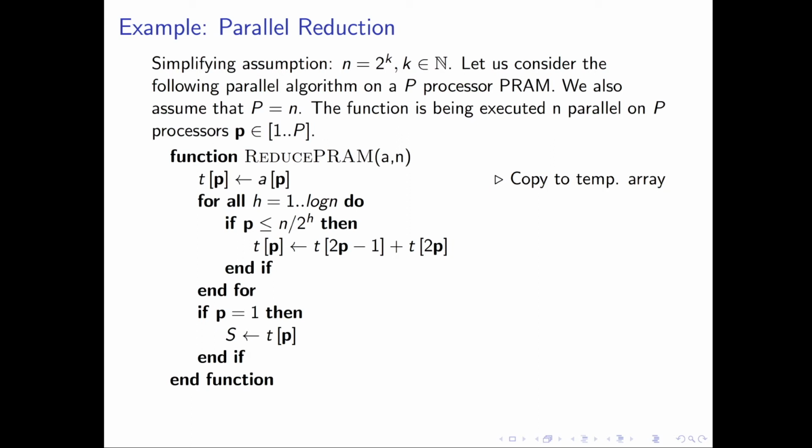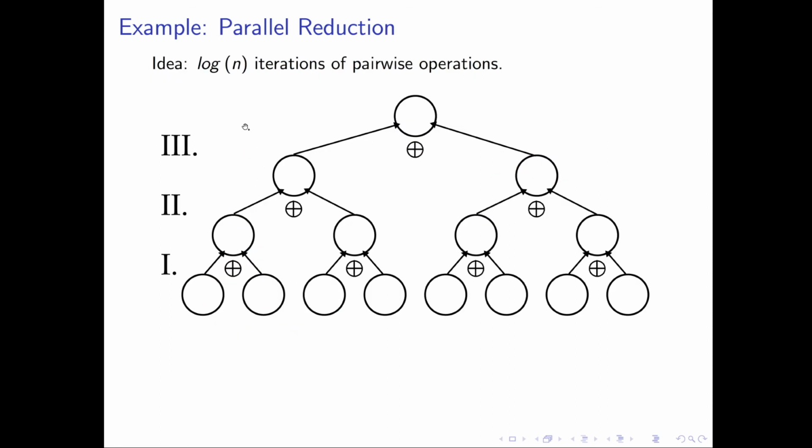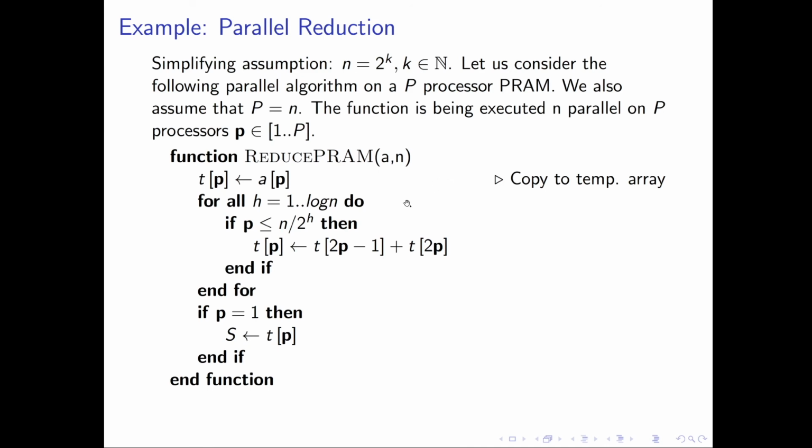We already discussed that we're basically traversing this binary tree, and we know that we will perform log n operations, which just happens to be the height of that tree.